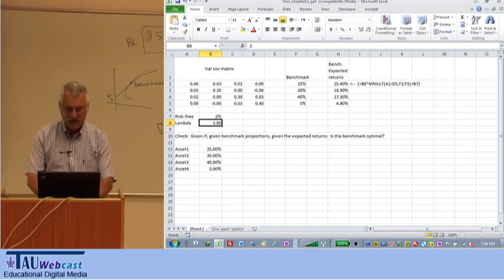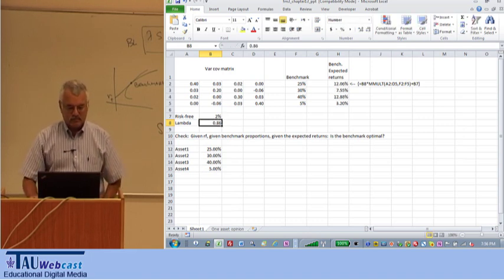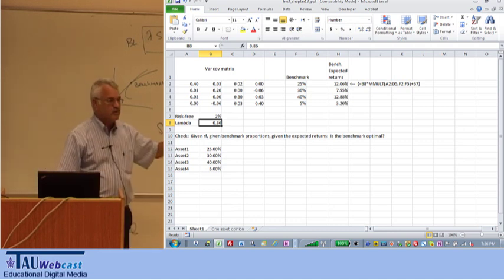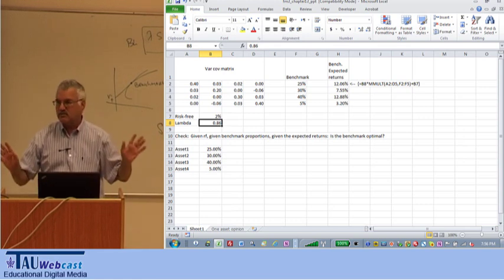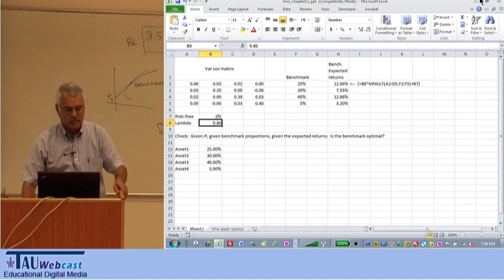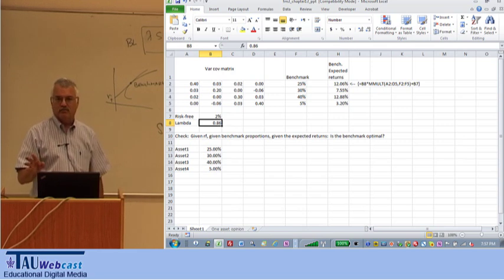If lambda is 0.86, right? Lambda influences the expected returns, but given those expected returns, you always get the benchmark back. Okay? So this is the reverse engineering part of Black-Litterman.